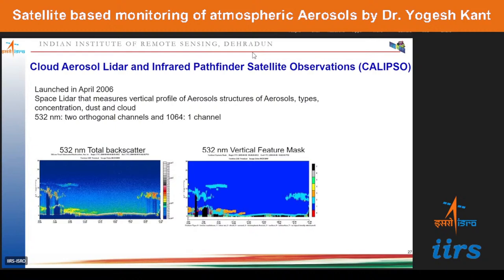So it estimates, at different levels of the atmospheric layers, how much the aerosol concentration is, what the structure of the aerosols is, what the types of aerosols are, what the sizes of aerosols are, and it measures at a different temporal resolution.